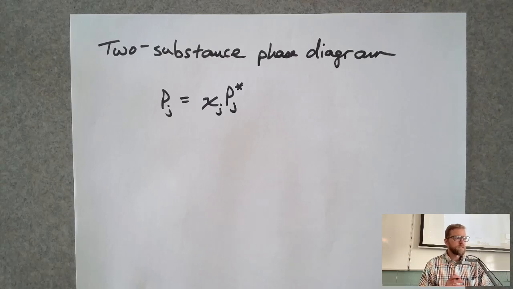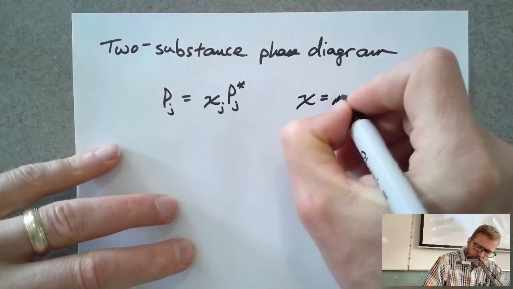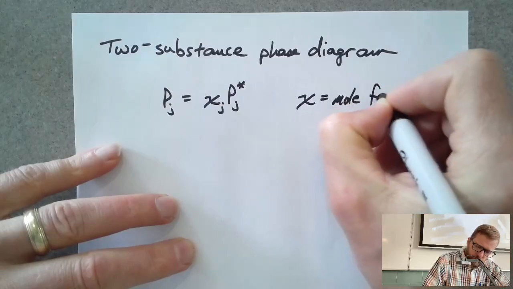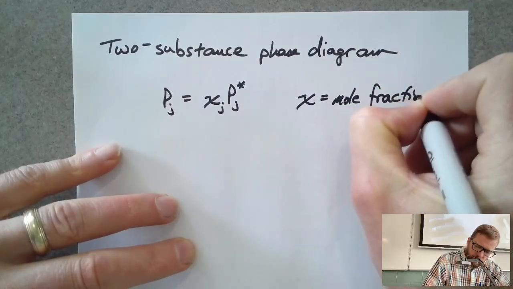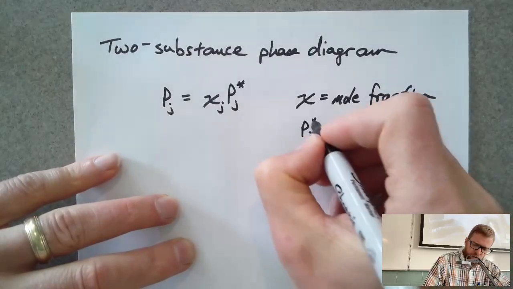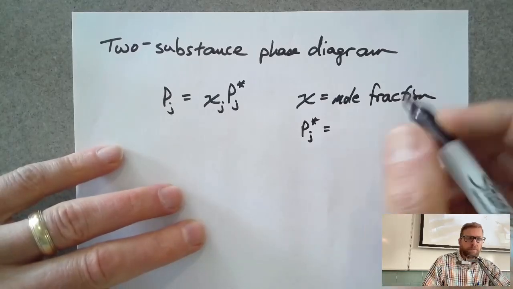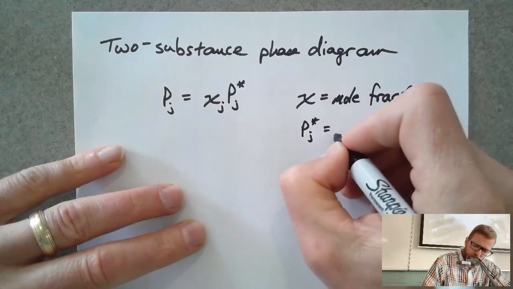This is valid at high mole fractions. Okay, so X is the mole fraction, and PJ star is just the vapor pressure of the pure substance.